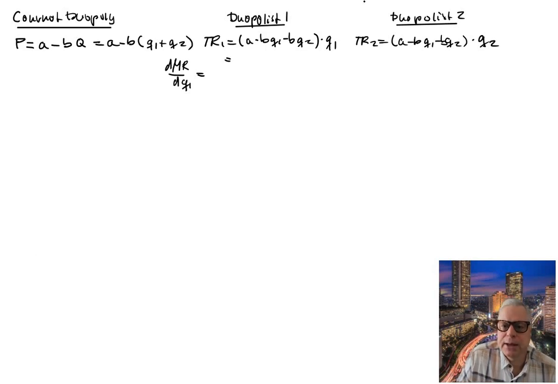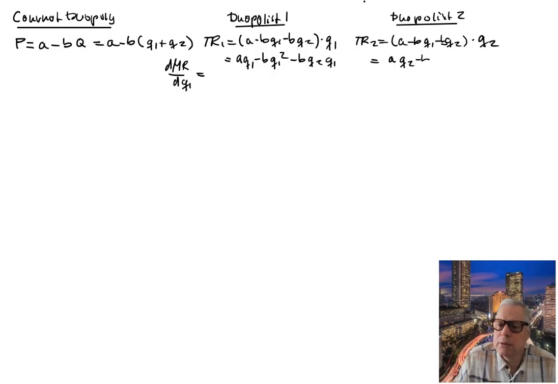So that would be A times Q1 minus BQ1 squared minus BQ2 Q1. And here likewise we would multiply through: A Q2 minus BQ1 Q2 minus BQ2 squared.